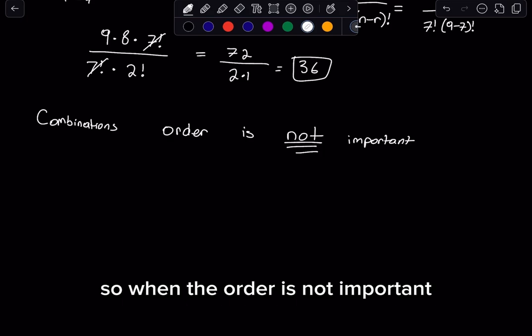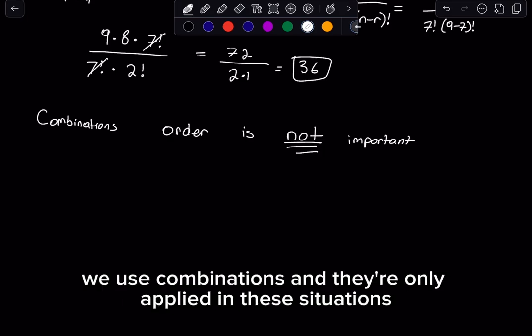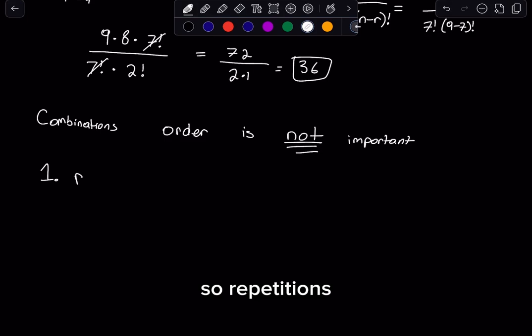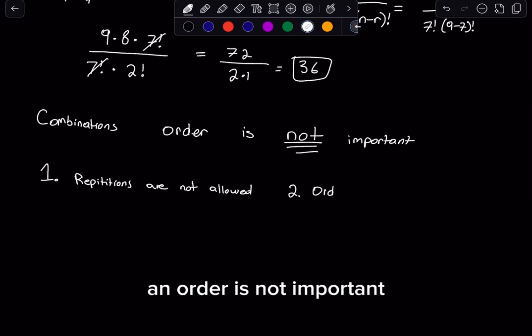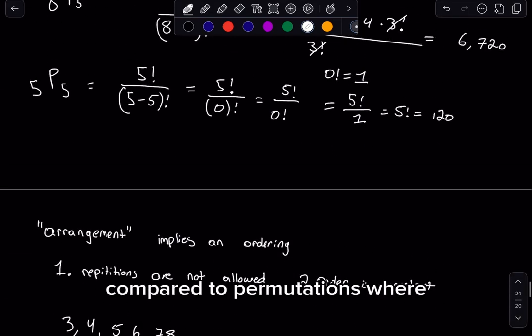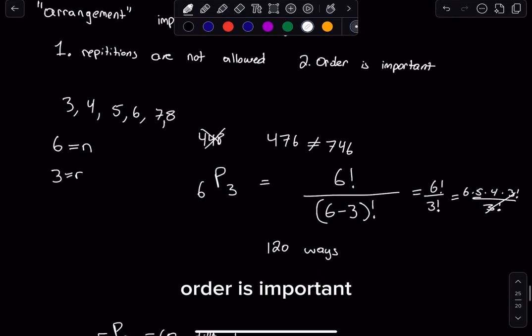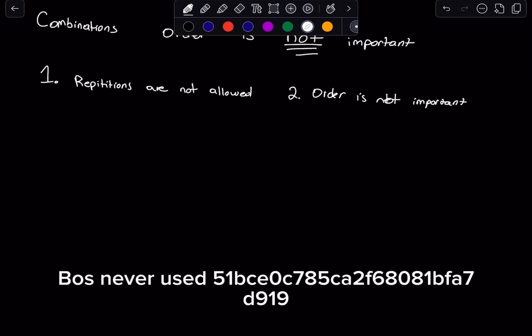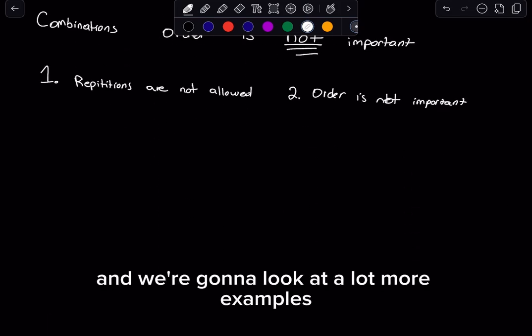So when the order is not important, we use combinations, and they're only applied in these situations: repetitions are not allowed and order is not important. Compared to permutations, where order is important. And we're going to look at a lot more examples.